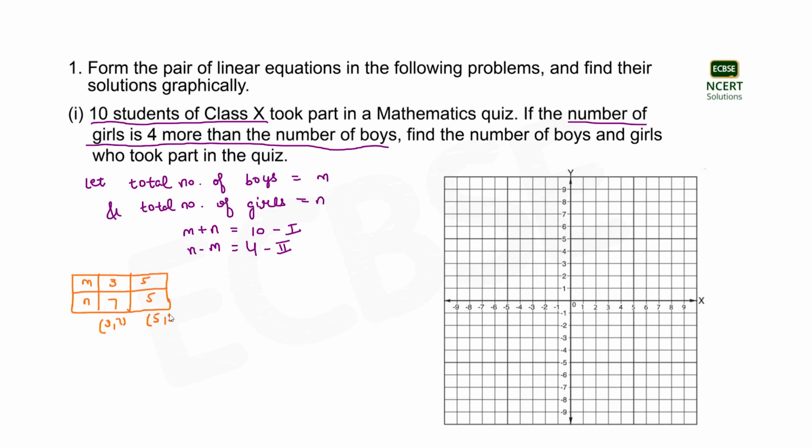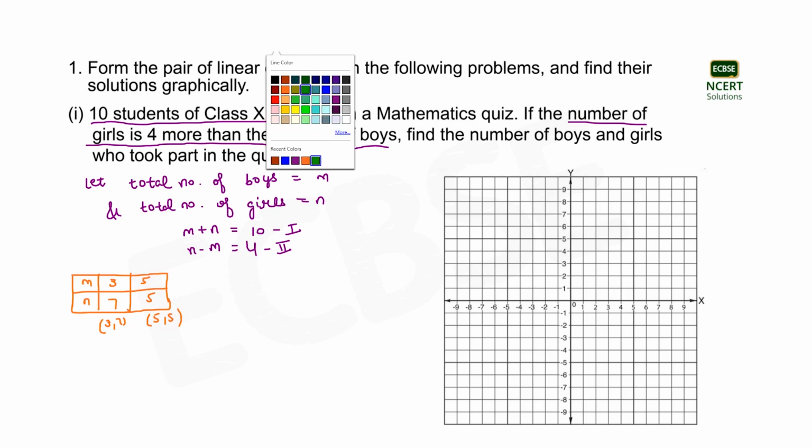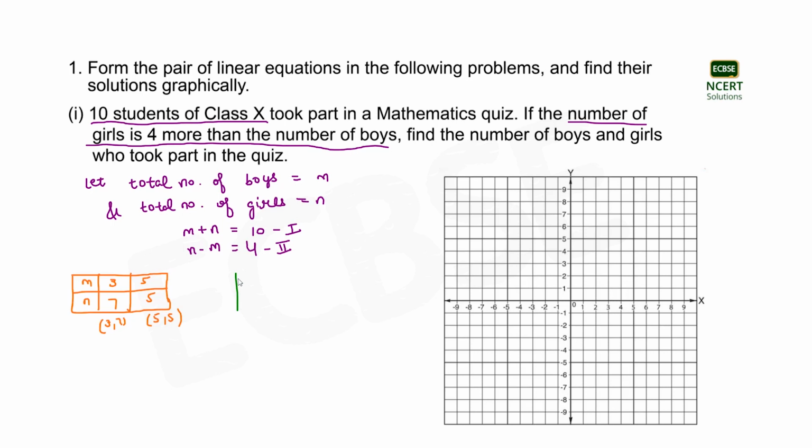Now coming to the second linear equation, that is n minus m is equal to 4, which is this equation. We will be drawing the table between the variables m and n.